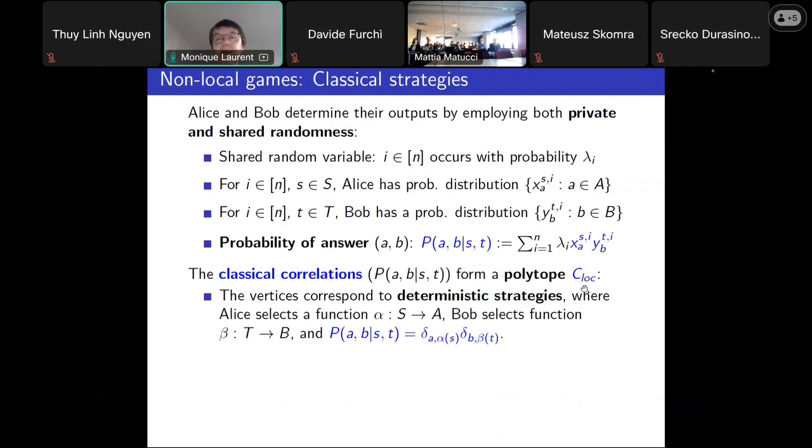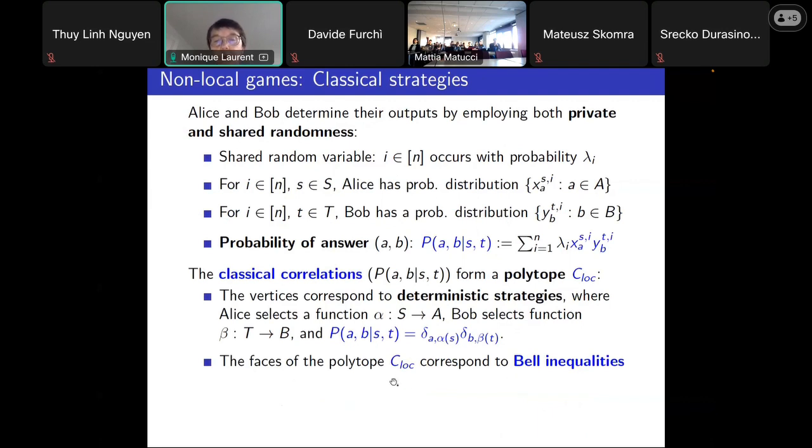And the vertices of this polytope are exactly the deterministic strategies which I mentioned a few minutes ago. Alice has a function from her questions to her answers, Bob also has a function from his questions to his answers, and the probability would be just 1 if Alice and Bob answer according to their functions. So the vertices are 0, 1 valued, and the classical correlations are convex combinations of these 0, 1 valued things. So it's a very combinatorial object.